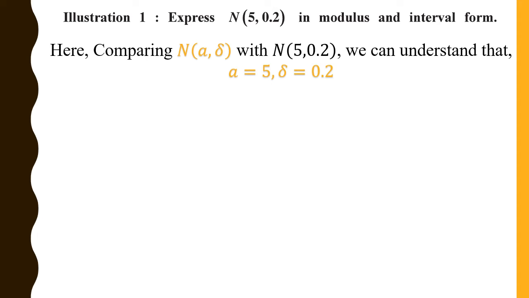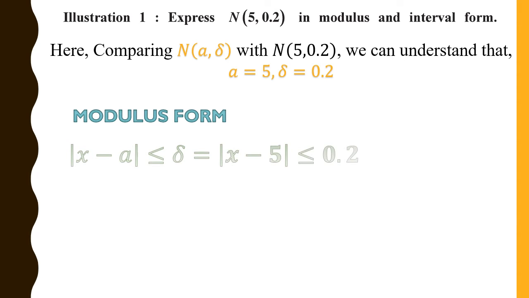Now we write down the modulus form, modulus x minus a less than or equal to delta. Replacing a with 5 and delta with 0.2, we get modulus x minus 5 less than or equal to 0.2. So that's the modulus form for the given question. Question wise the answers will change, but the form will be the same.